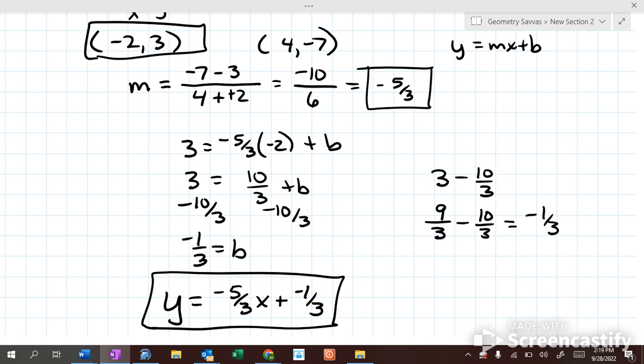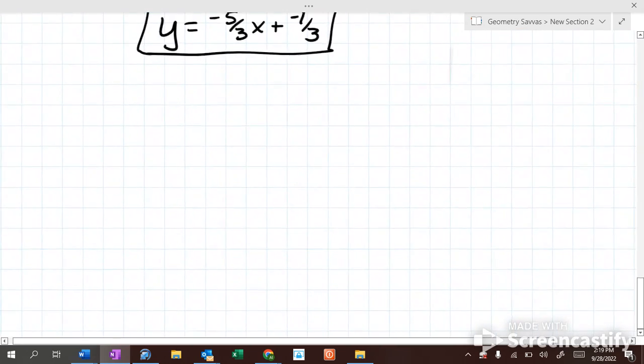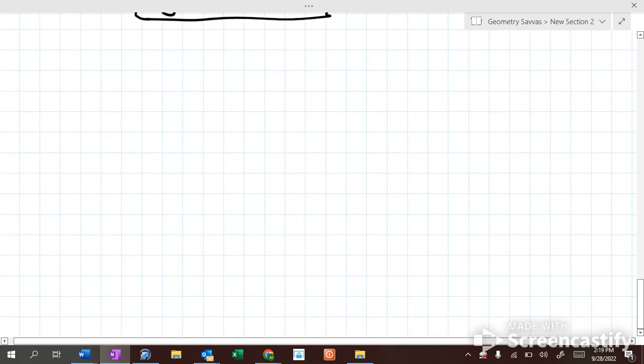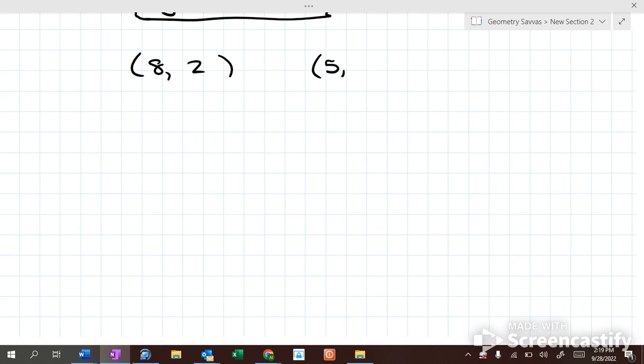Let's do that again, because that was kind of tough. Okay? Find 2 more points. 8, 2, and 5, negative 4. Okay, 8, 2, and 5, negative 4.